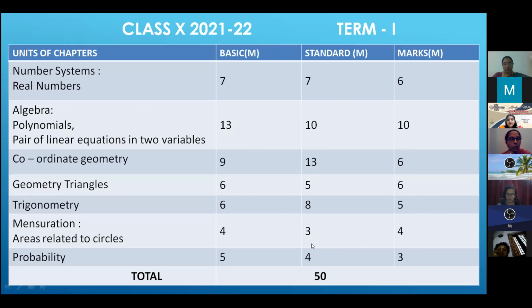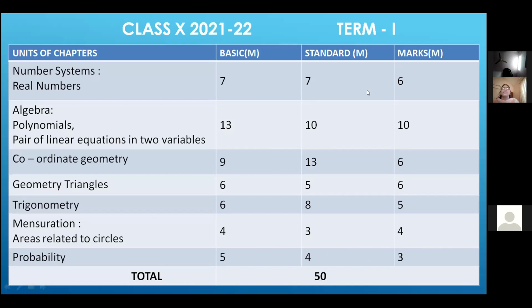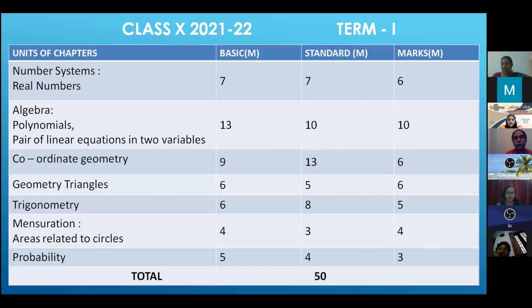Probability also, they have given 5 and 4 and then 3. According to them it is actually 40 marks, but according to us in the class paper it is total 50. That's why you can see the first 2 columns have more marks, because we have choice questions there. So here the marks total 50 and the last column marks total 40.